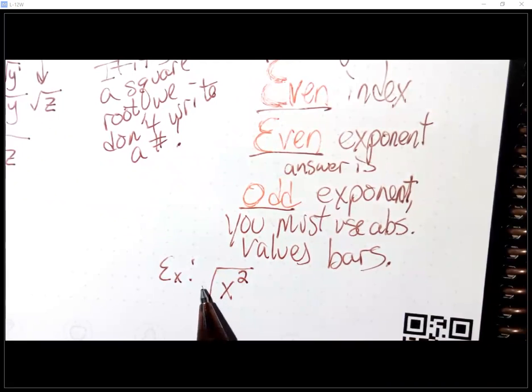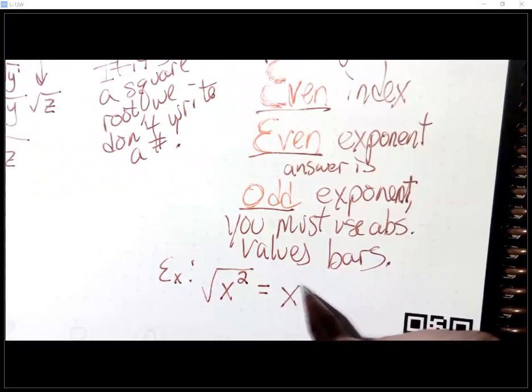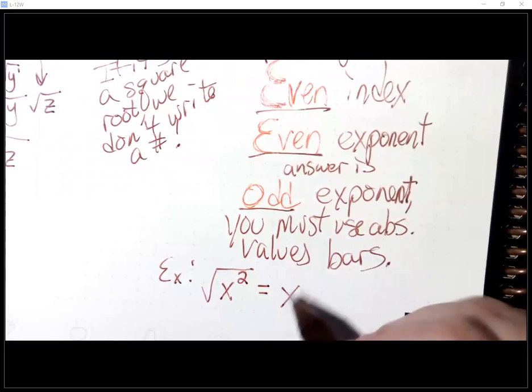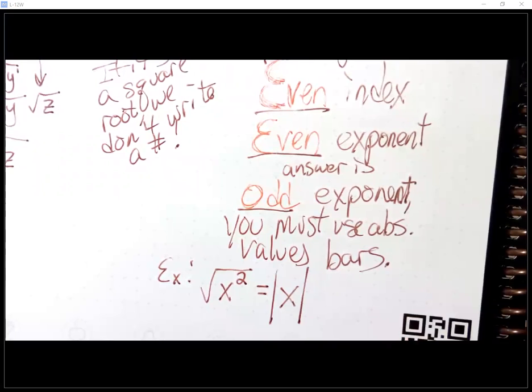So that's even. This is even. And then what's the answer that comes out of this? What is the square root of x squared? X to the first. That is an odd exponent. So what I'm supposed to do is not leave my answer like this, but put my answer in absolute value bars. So even, even, odd gets absolute value bars around it.